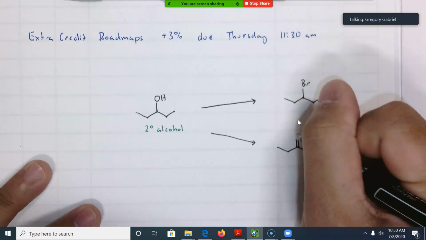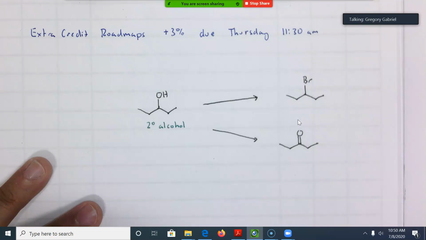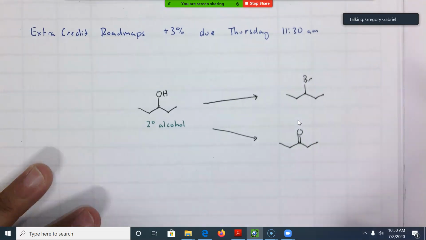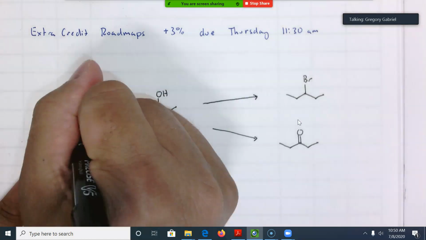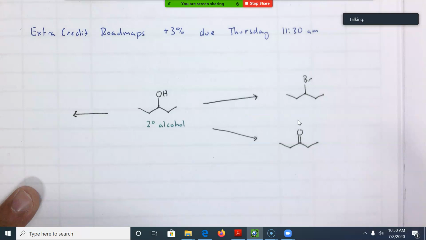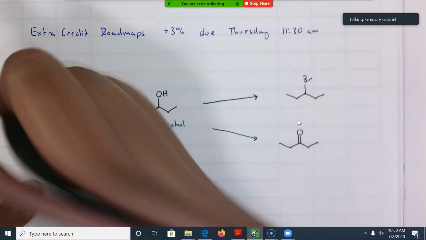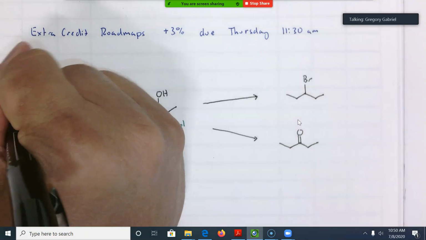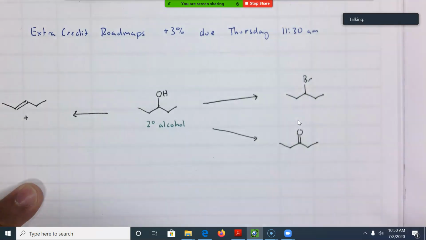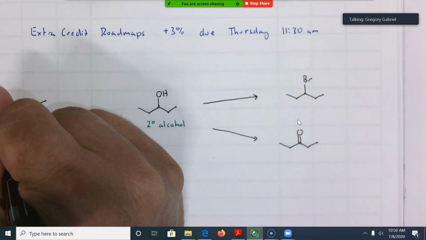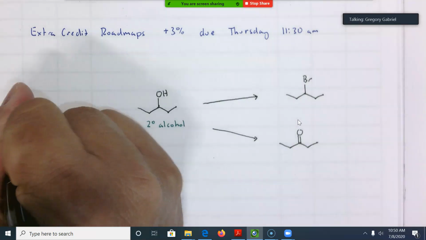Oxidation. I like that. Is there anything else? Oh, how about this one over here? Well, what can I do? I can do this, or I can make the cis version.